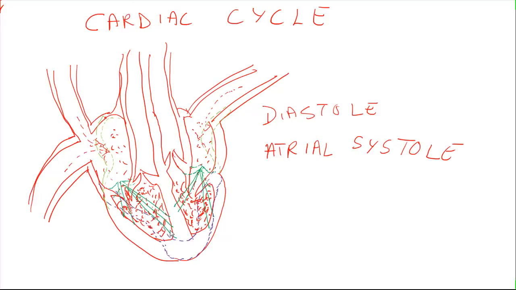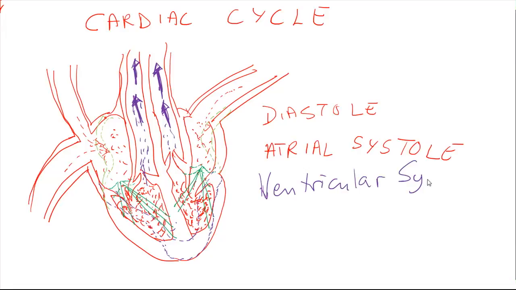By doing so, the blood is now forced out through the semilunar valves, up this way, and through the pulmonary artery and the aorta. This is what we call ventricular systole.